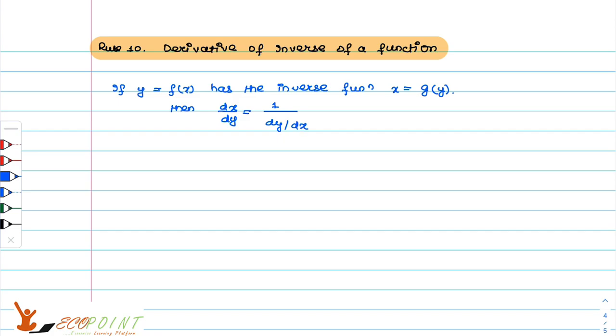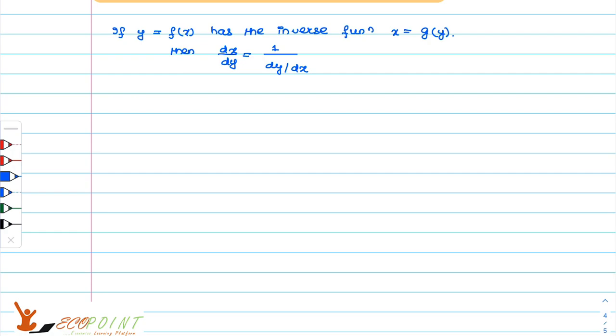Or you can say g dash y is equal to 1 upon f dash x.